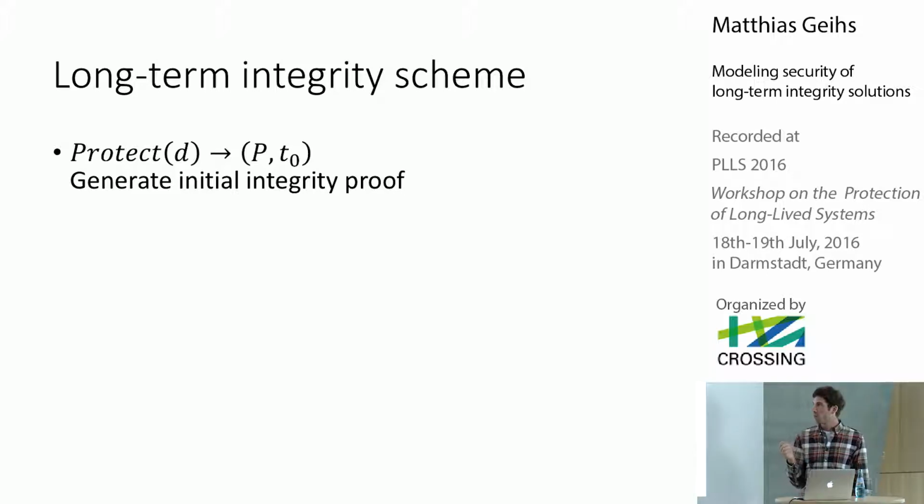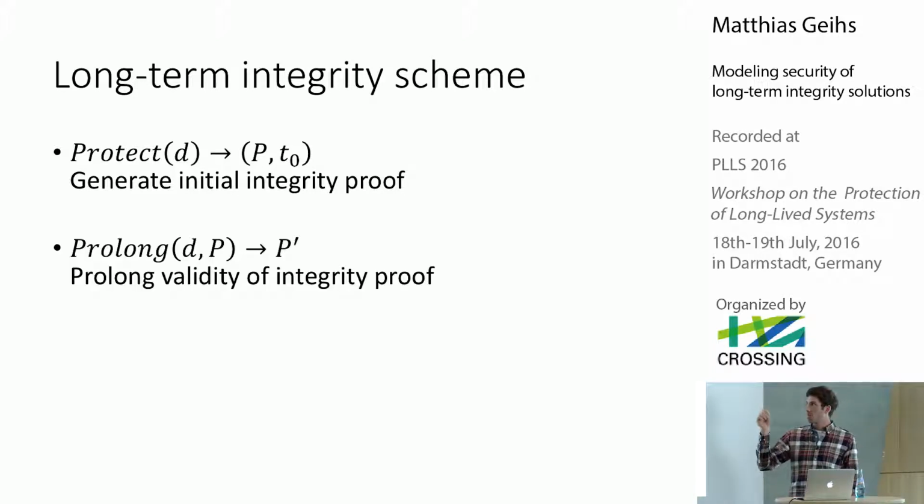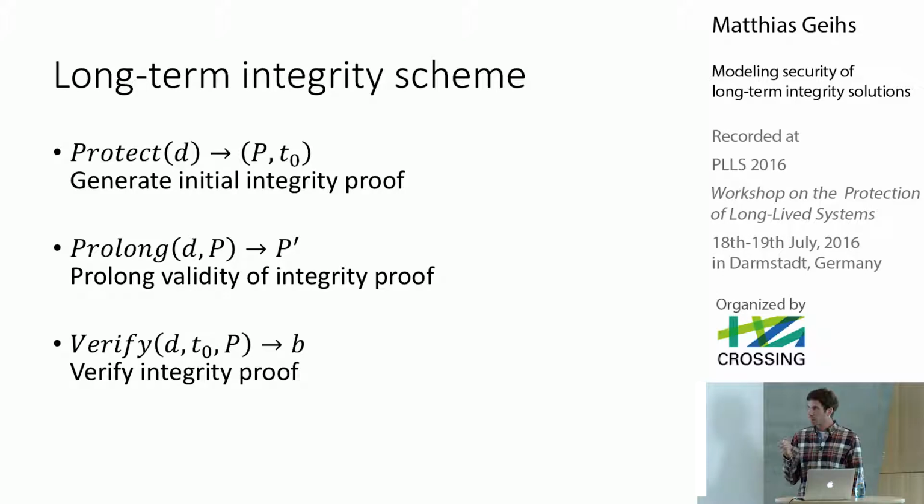Then there's an algorithm prolong, which gets as input the same document as before and the current integrity proof, and generates a new integrity proof which is valid for a longer period of time than the current proof. And finally, we have the algorithm verify, which gets the document, the reference time, and the integrity proof, that is the current valid integrity proof, and outputs a bit showing whether the integrity proof is valid or not.